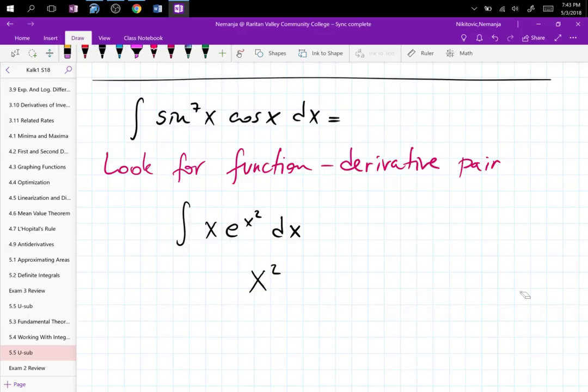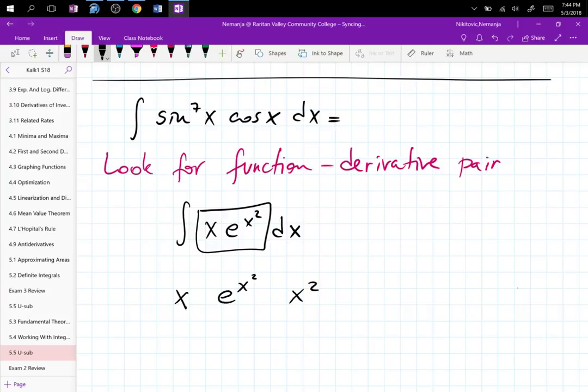So one more time, the very useful tool to figure out what's what here is to look at the entire problem and say, okay, I have 3 functions here. There is a function x, there is a function e to the x squared, and then there is a function x squared. What is the function derivative pair?